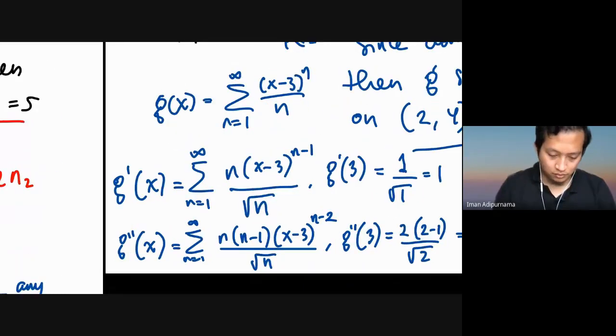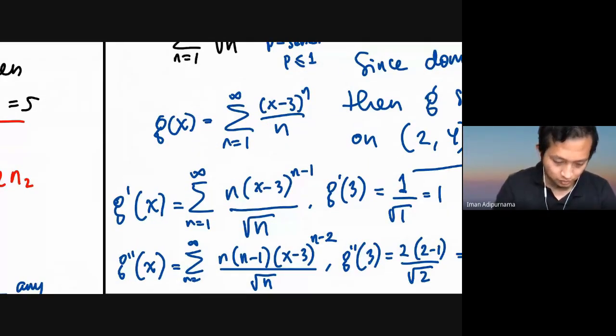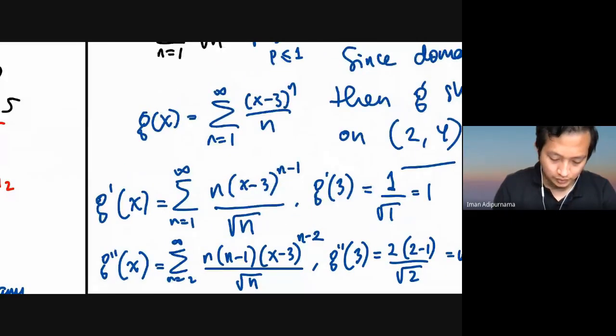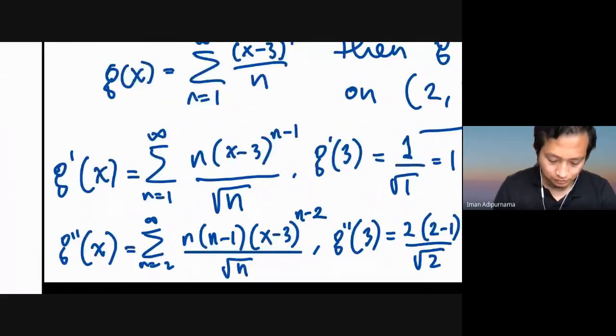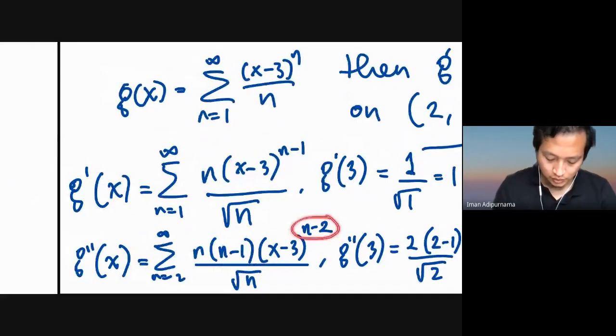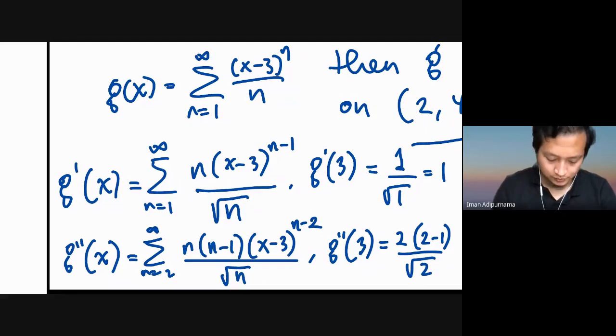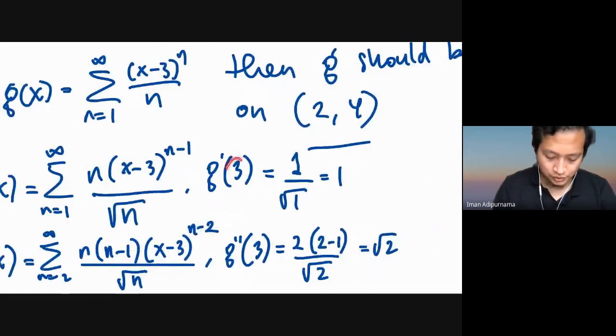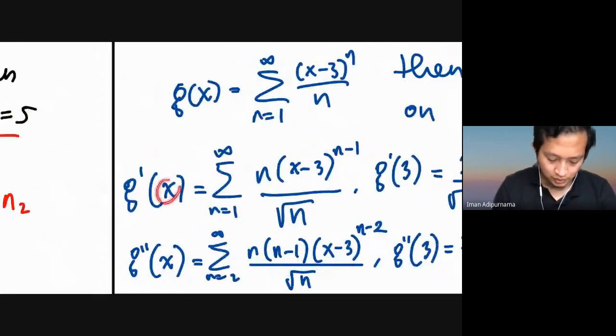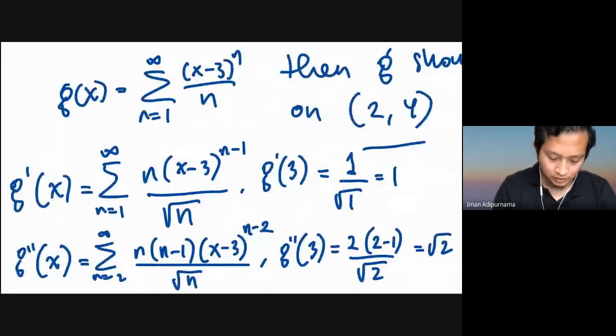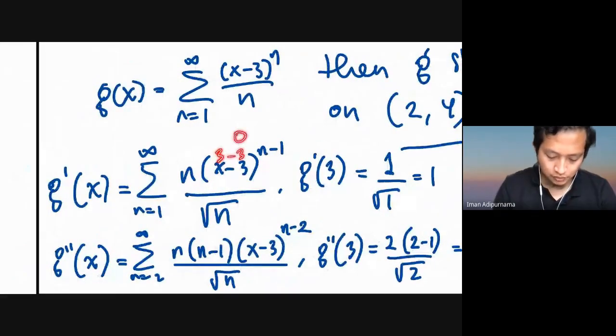Now, deriving gives n minus 1, and then deriving one more time gives n minus 2. Since it's shifting with this n minus 2, if we plug in here, it will be 0. Now plug 3 into x, replacing x. So 3 going here minus 3 is 0, right?